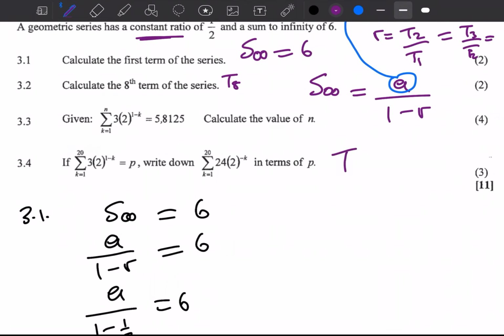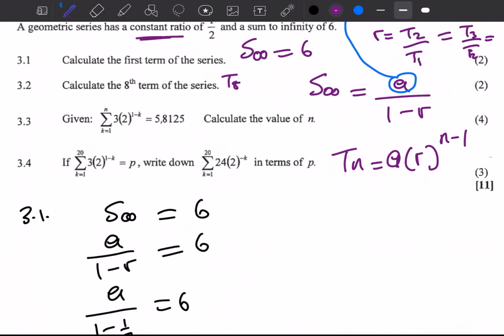The general term of a geometric series is Tn is equal to the first term times the common ratio power n minus 1. Tn is equal to the first term times r power n minus 1. By the way, these formulas are there on the last page, the formula page of your exam or past papers.